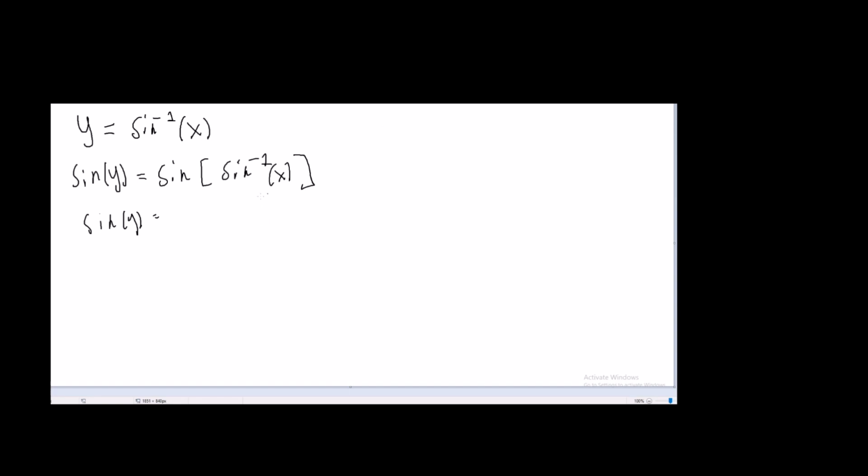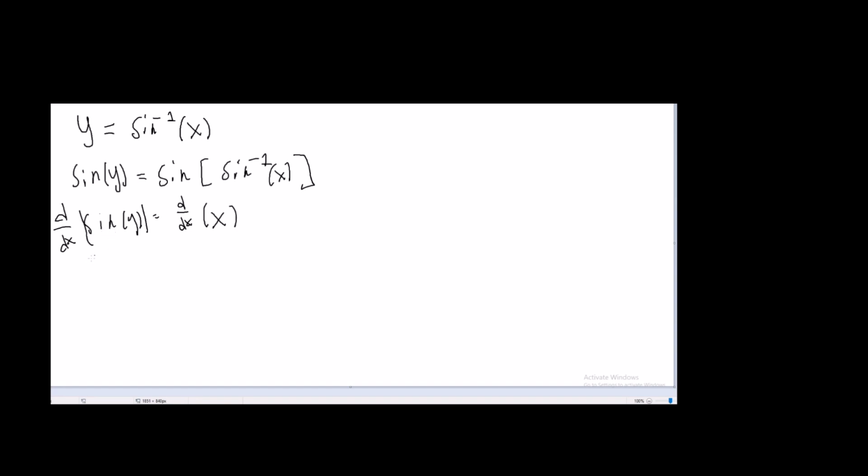Okay, so now let's take the derivative of both sides, and you'll have d/dx of sine of y is equal to the derivative of x. Now you'll have to apply the chain rule.